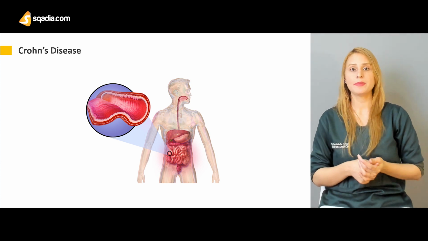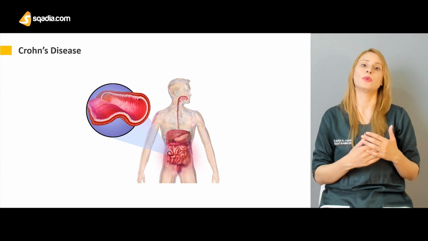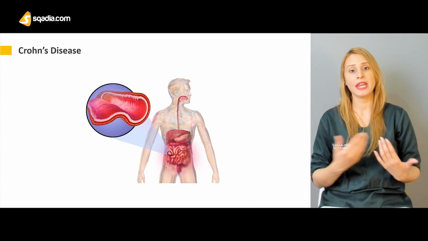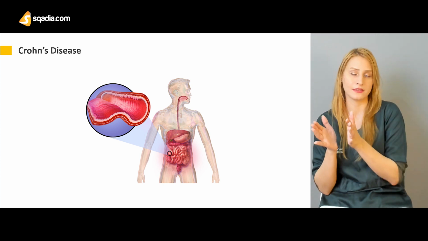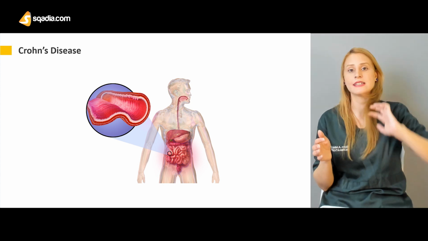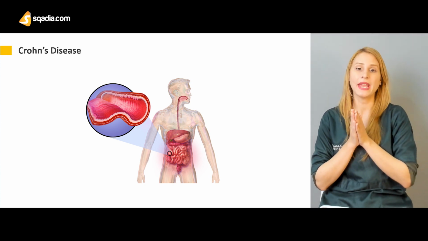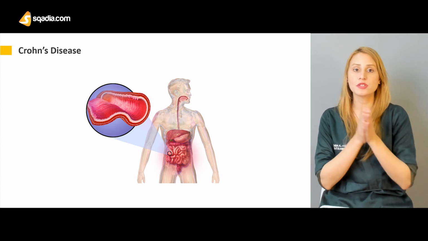When you talk about Crohn disease, most commonly the patient is going to present with abdominal pain. Now we are talking about Crohn disease that is not complex and not complicated. A simple Crohn disease presents with dull abdominal pain, and especially the patient will feel the pain postprandially.